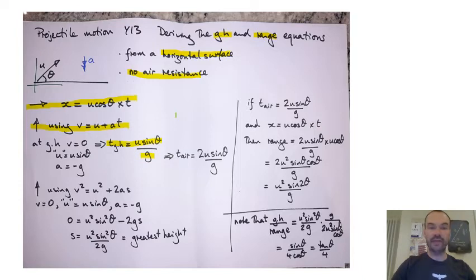The time in the air takes the same time to go up and down. That's a year 12 result, is twice that. Okay. Using v squared is u squared plus 2as. Also, that time in the air, we're going to use that over here.